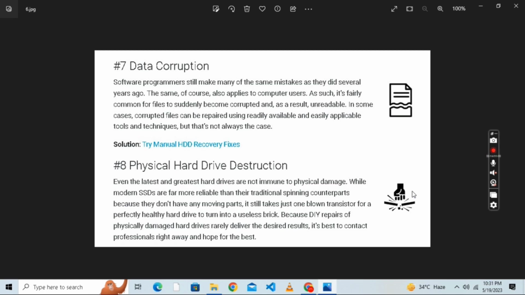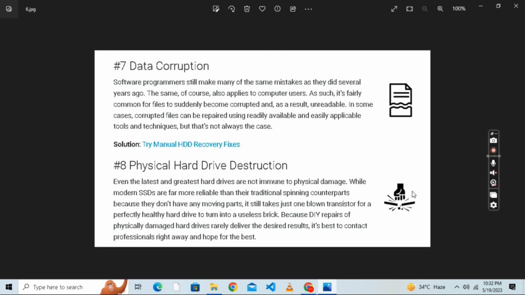In some cases, corrupted files can be repaired using readily available and easily applicable tools and techniques. But that's not always the case. Solution: try manual HDD recovery fixes.